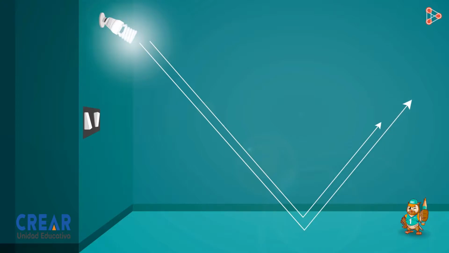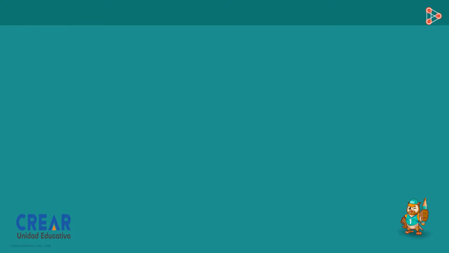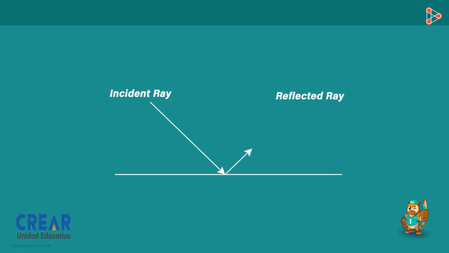When a ray of light approaches a smooth polished surface and the light ray bounces back, it is called reflection of light. The incident light ray, which lands upon the surface, is said to be reflected off the surface. The ray that bounces back is called the reflected ray.